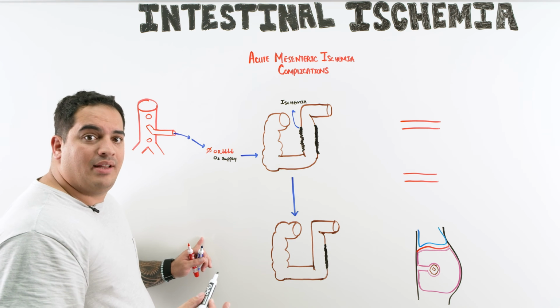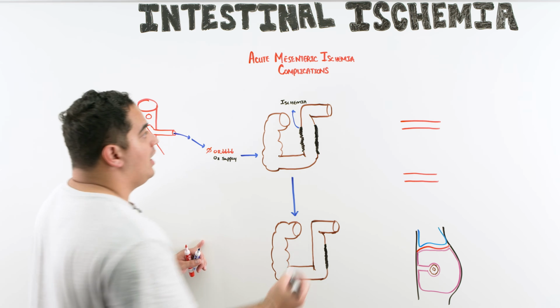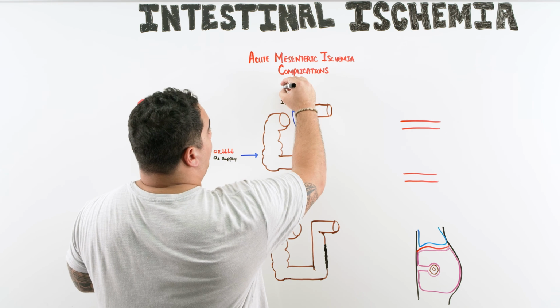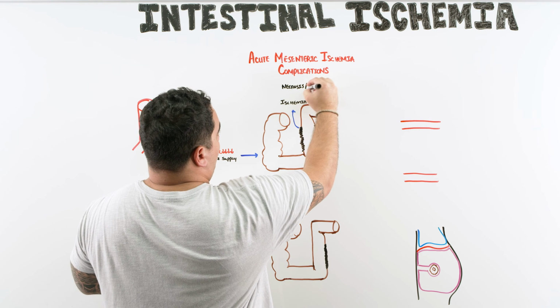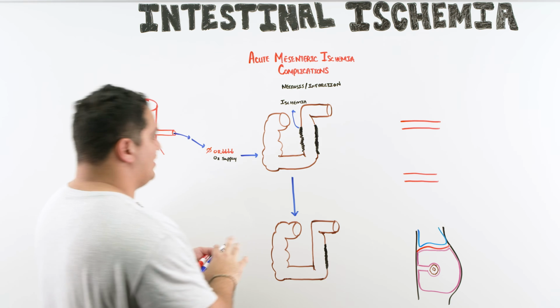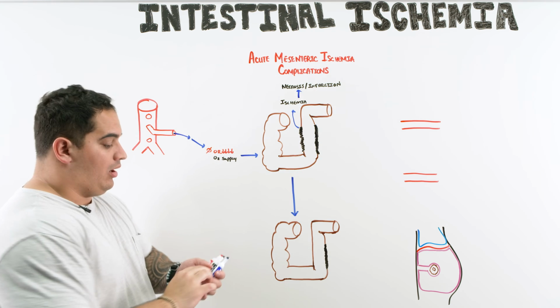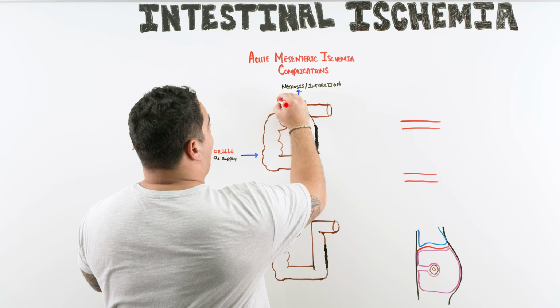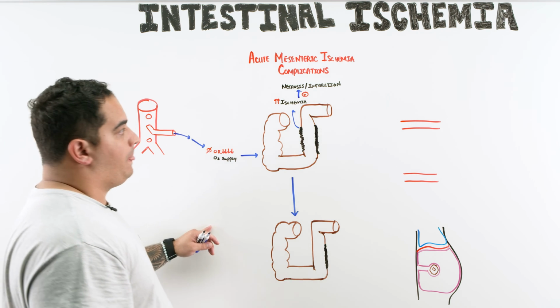Cellular hypoxia, they start to die, they start to necrose, it increases inflammation. And so one of the big things that'll start to happen is these patients will start to experience necrosis and infarction of the actual bowel wall. And once they start to do this, this is when they really go downhill. All right, so with profound ischemia that is not reversed, you'll start to institute necrosis and infarction.